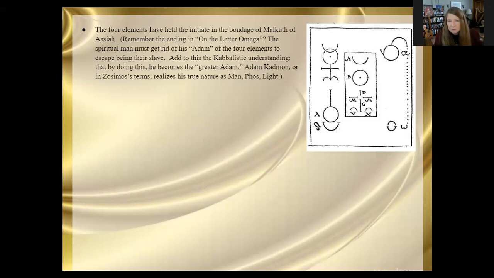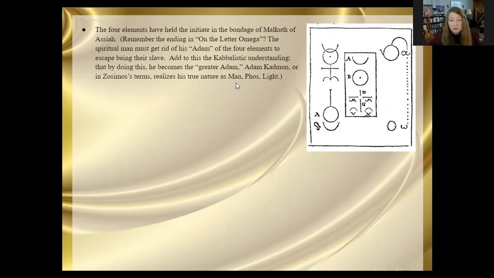The four elements have enslaved Adam. Add this to a Kabbalistic understanding that by doing this, he is becoming the greater Adam, maybe even Adam Kadmon, or in Zosimos's terms, he's realizing his true nature as Phos, which is man and light at the same time. In fact, there he's Thoth and Hermes, which is going to make the Mercury symbol even more important.